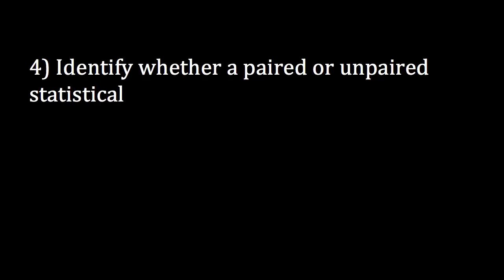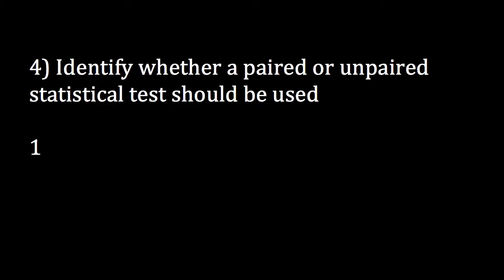Our last objective, and we'll call this objective number 4, is identify whether a paired or unpaired statistical test should be used. And when we talk about statistical tests, there are 3 main types that I consider. There is the one sample test.